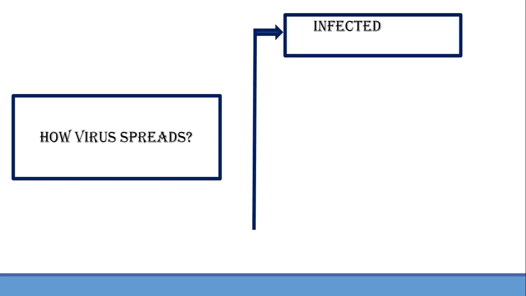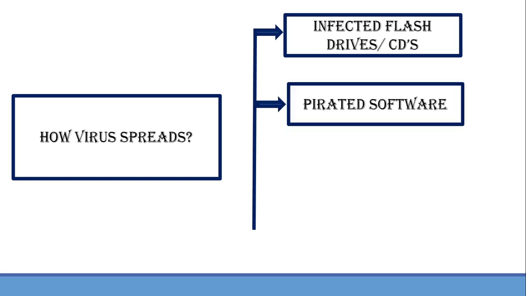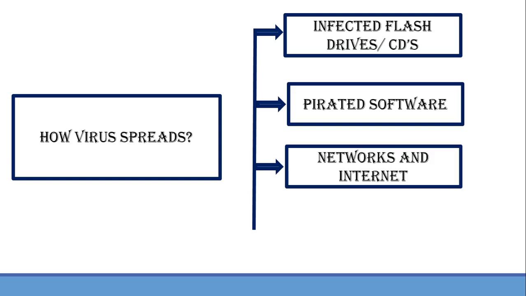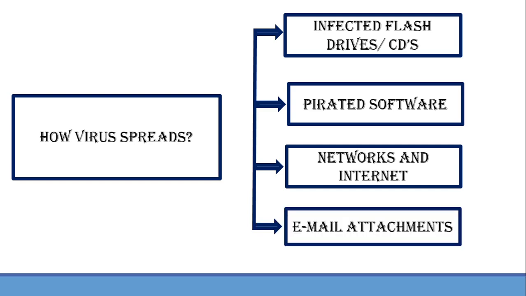Number one is infected flash drives, that is your pen drive, and CDs. Second is pirated software. Third, through networks and the internet, and last, email attachments. So let's go through all four categories one by one.